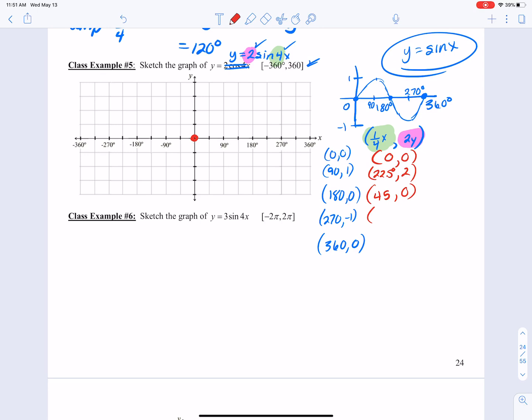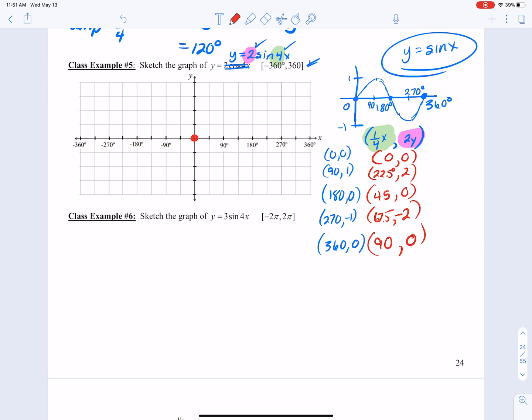What's that? 135. I'll come back to that one. And 360 divided by 4 is 90, and my y value is 0 here. And back here we have a y value of -2. A second here, I'm going to grab my calculator. Go 270 divided by 4, 67.5.